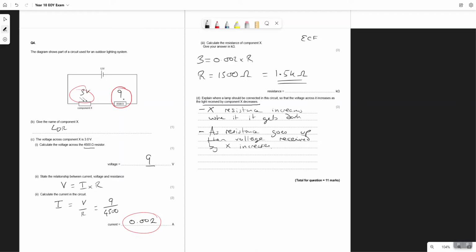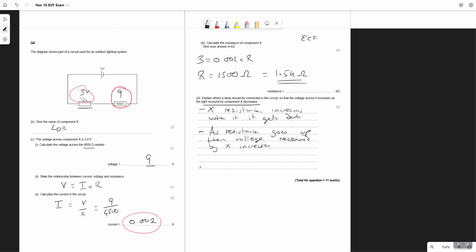What's important is that there's still 12 volts, but this 3 is going to become 6, or 9, whereas this one will go down. So the first 2 marks are just for saying what's going to happen to the resistance of component X, and what that means about the voltage it receives.